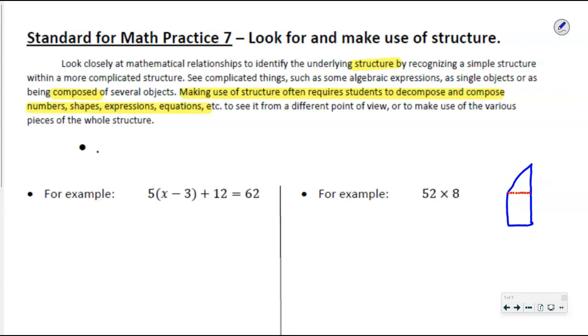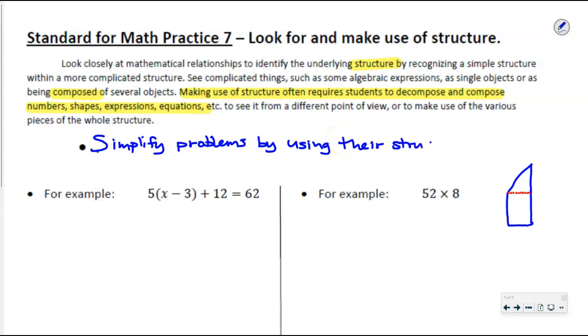And so with that same idea in mind, let's first write down the way that we can think about this. Again, these all come from Robert Kaplinski. Simplify problems by using their structure. But again, I really think that if we don't have a good solid understanding of what that word structure means, then this is still a confusing thing.